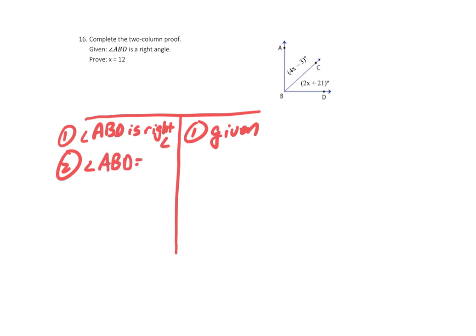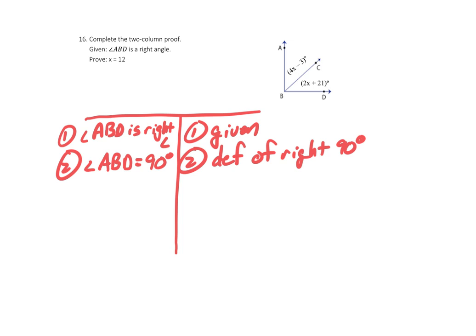So I'm going to say angle ABD is 90 degrees. And how do we know that? Definition of right angle. You bet. All right angles are 90 degrees. That's another thing you could say. You could say definition of a right angle, all right angles are 90 degrees. There's a lot of different things you could say there that would work, but just something that tells us all right angles are 90 degrees.